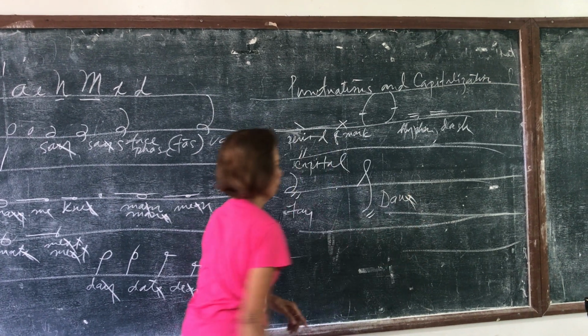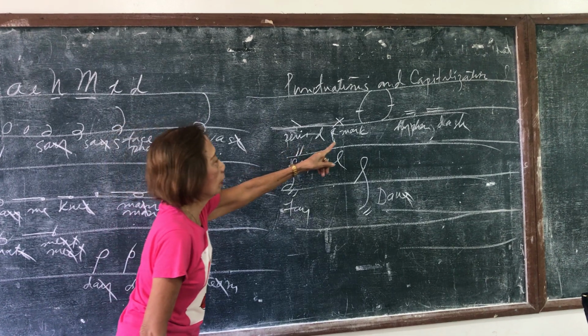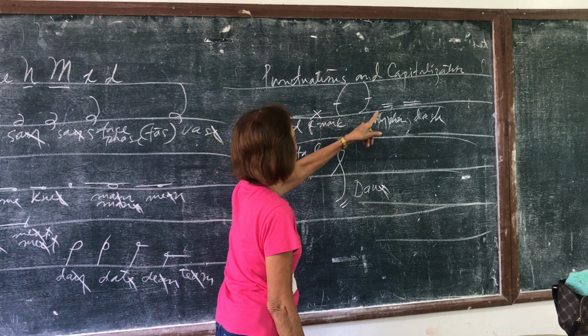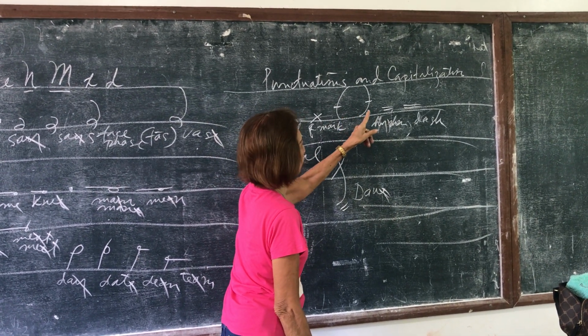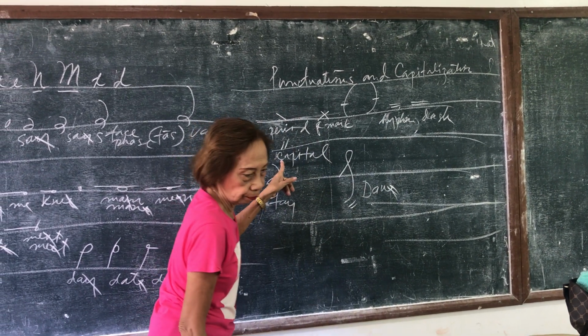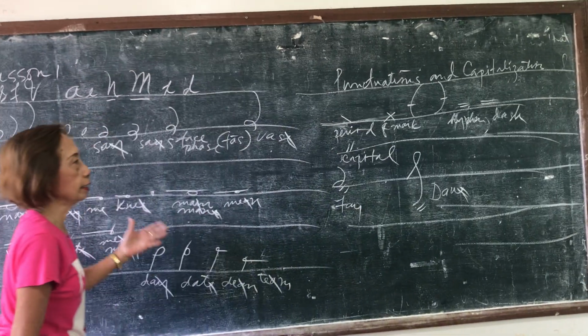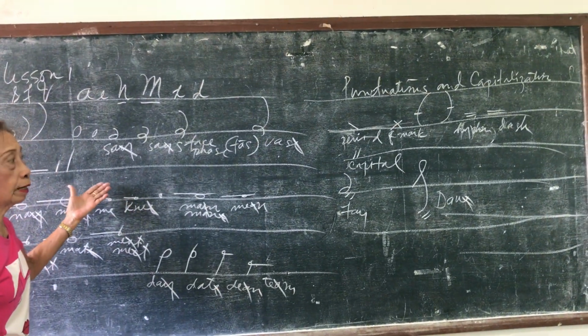That's the use of the capital here. So period, question mark, parenthesis, open and close, hyphen, dash, and capitalization. Okay. So this is lesson 1.